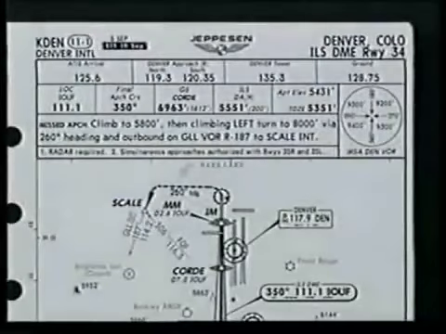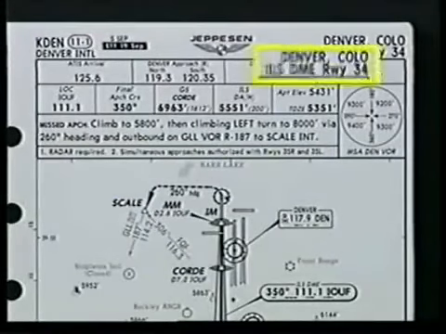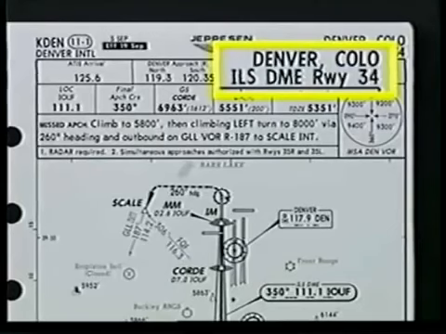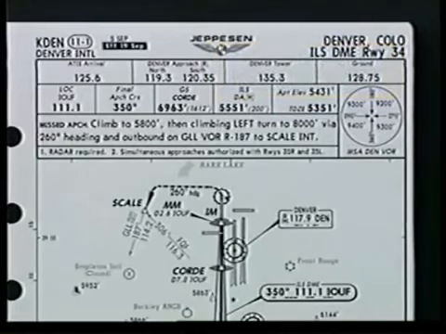As we examine the new chart format in more detail, notice that the location name and procedure identifier help you quickly identify and retrieve the approach to be briefed and flown. At a location, charts are grouped or indexed by similar procedure type: ILS, VOR, NDB, etc., and sequenced according to runway number, lowest to highest.